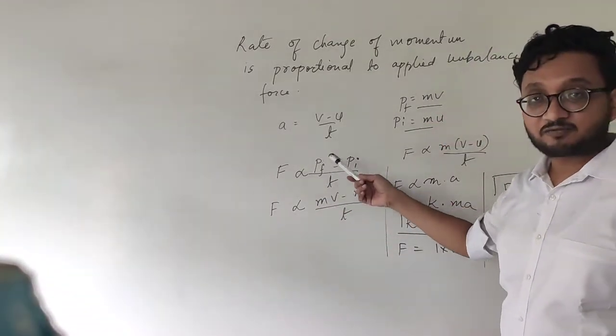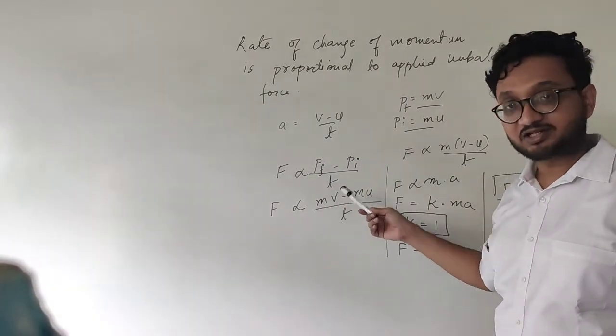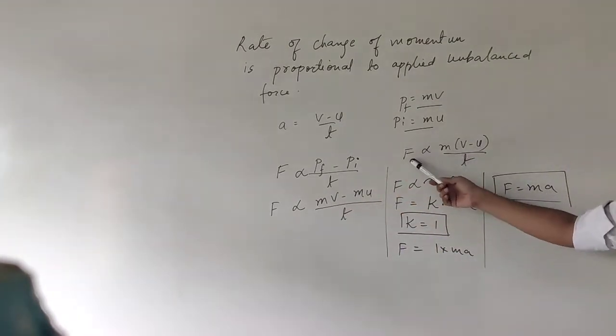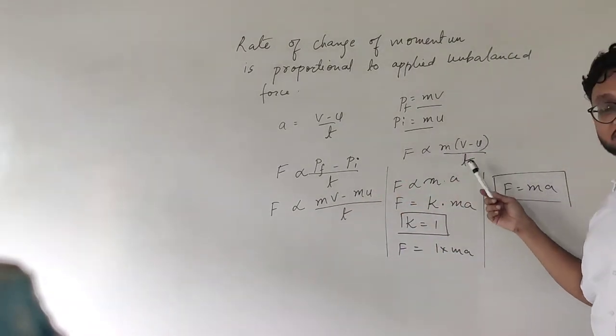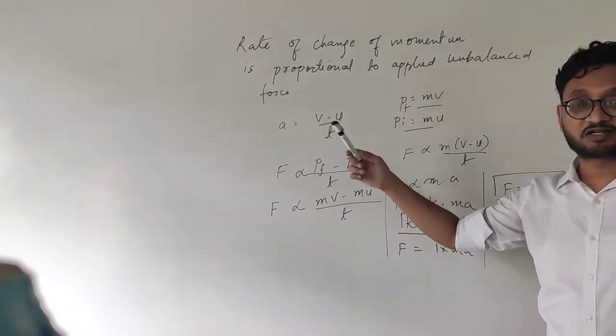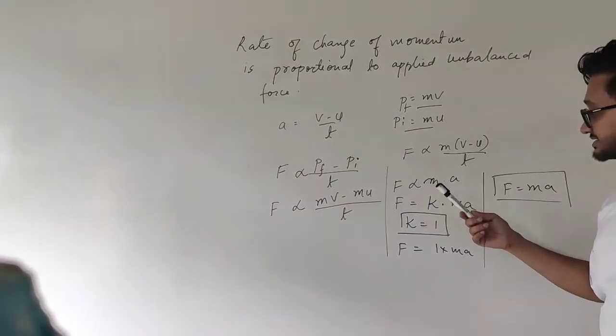Writing the values of momentum, final momentum and initial momentum with final velocity and initial velocity. Taking mass common, so it becomes force proportional to mass into v minus u upon t. That we already know as acceleration, we studied in the motion chapter, and force proportional to mass into acceleration.